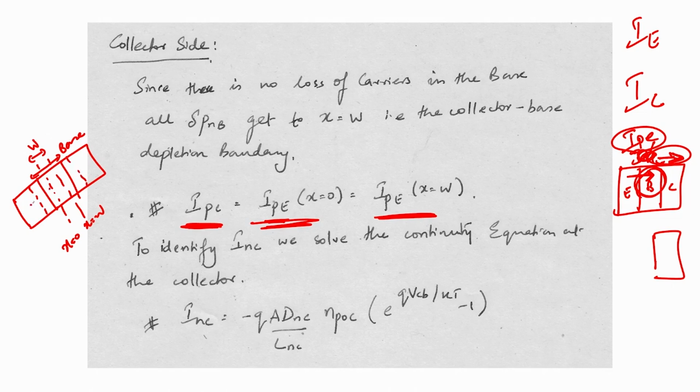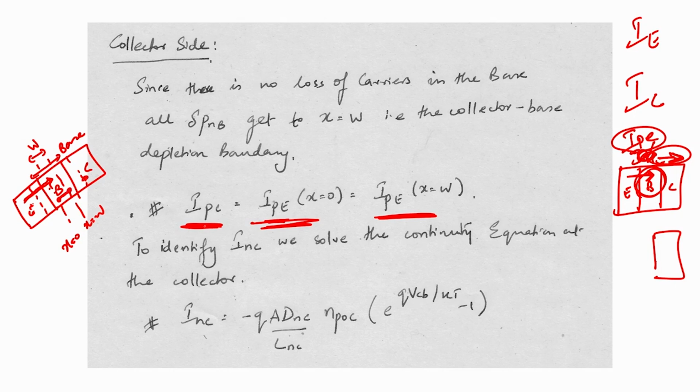This junction, that is the emitter base junction, is forward biased. So, you have a lot of holes that came in, and we calculated the hole current here at x equal to 0. What we are saying is that we had assumed that the base did not recombine any of these holes, therefore, the hole current here is equal to the hole current here is equal to the hole current here.